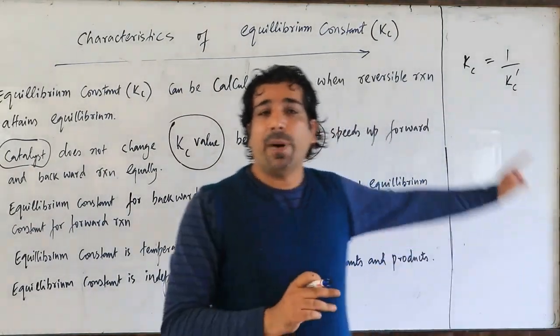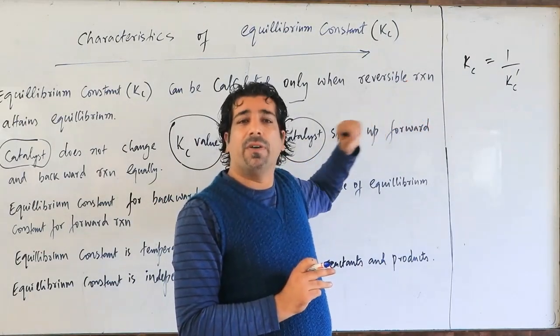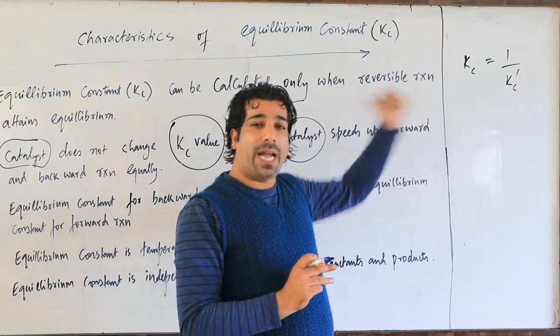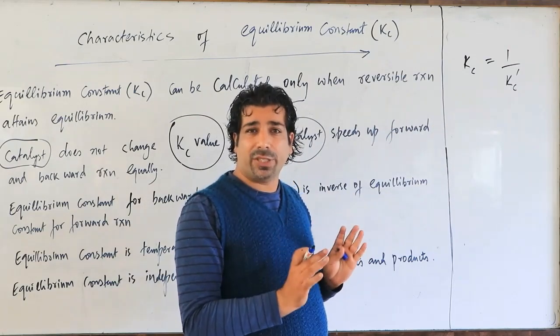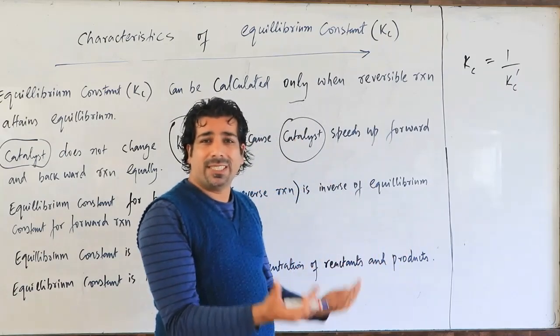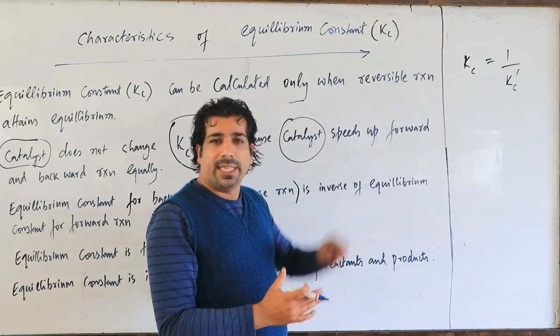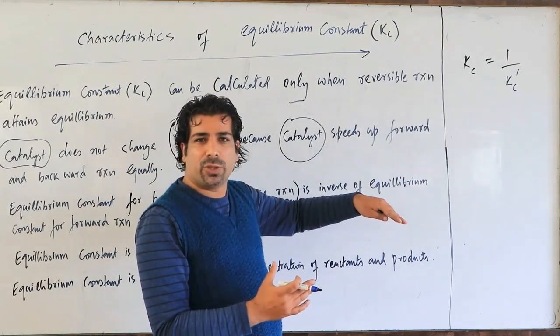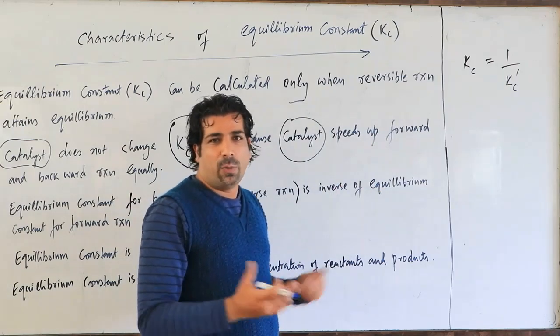But it's only possible when the molar concentrations in terms of forward reaction and backward reaction remain the same. If you represent a reaction in the forward direction and attain equilibrium, and then you represent the same reaction in the backward direction and attain equilibrium, then Kc will be inversely proportional to Kc dash, or Kc dash is inversely proportional to Kc, whatever it may be.